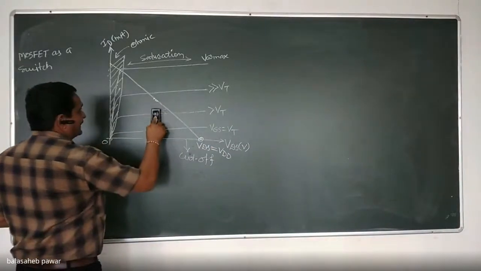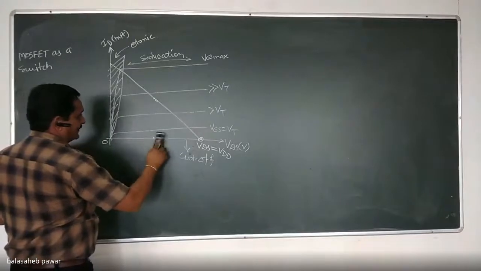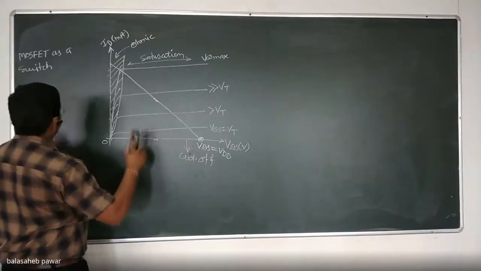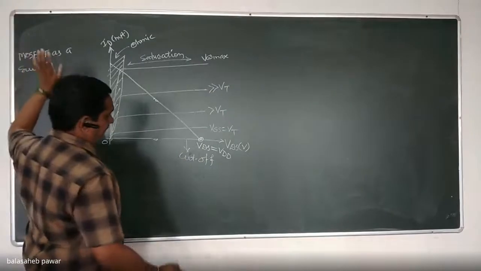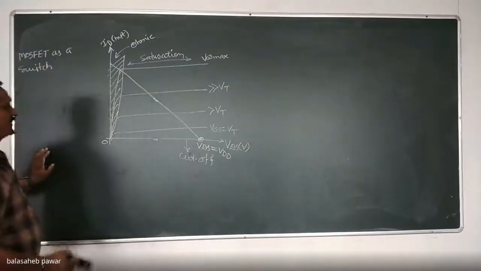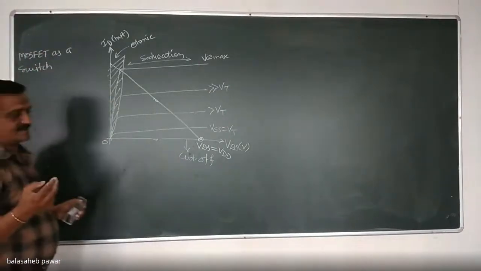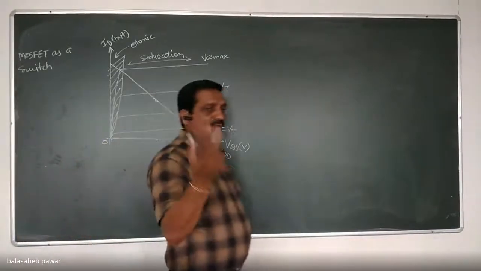Now, the next application of MOSFET in the second unit, the first topic, is as a switch. Already I mentioned it. As a switch means what? That switch will have two positions, either closed switch or open switch.